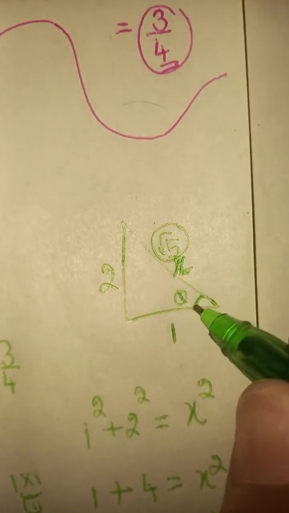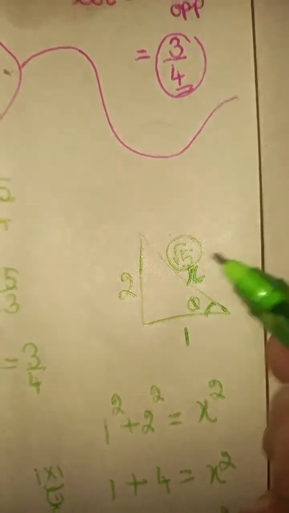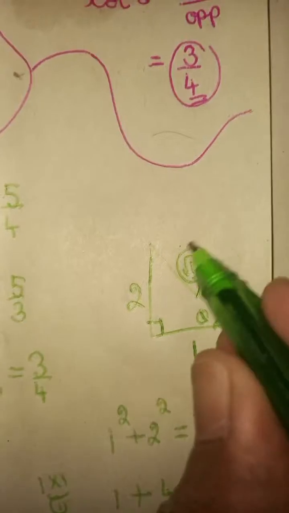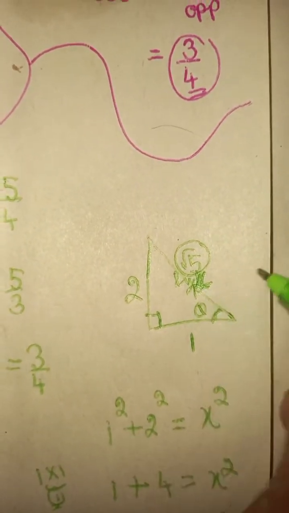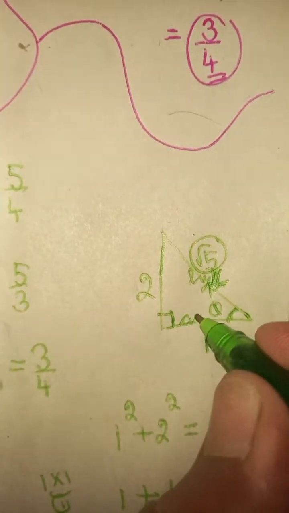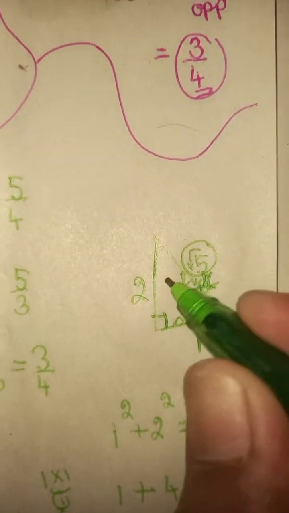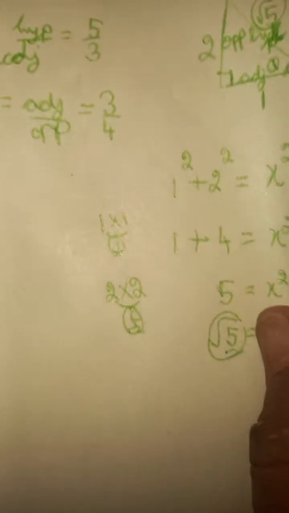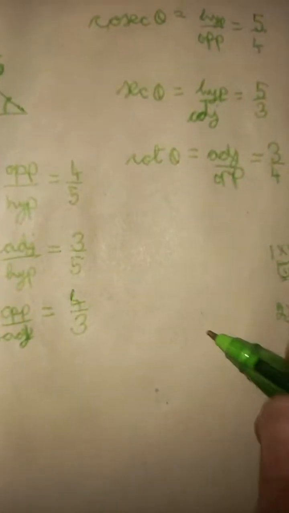Now let's name the sides as adjacent, opposite, and hypotenuse. This is the right angle, so the side opposite to it and the longest side is always the hypotenuse. The side joining theta becomes adjacent, and the side opposite to theta becomes opposite. You can rewrite the triangle.